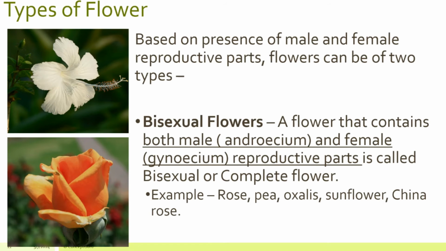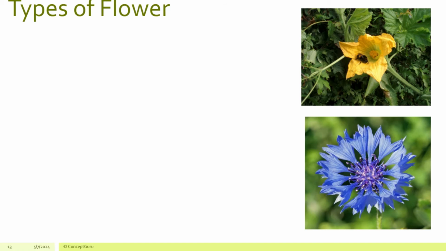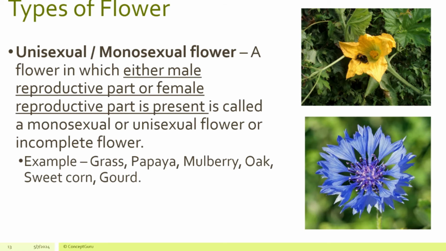The examples are rose, pea, oxalis, sunflower, China rose, etc. Now, a flower in which either the male reproductive part or the female reproductive part is present is called a monosexual or unisexual flower or an incomplete flower. The examples are grass, papaya, mulberry, oak, sweet corn, gourd, etc.